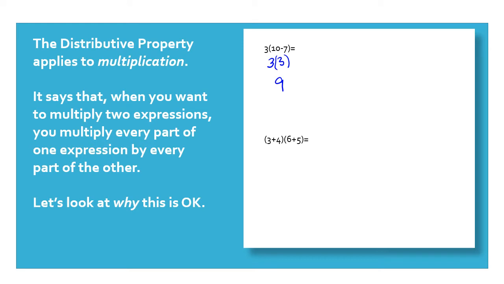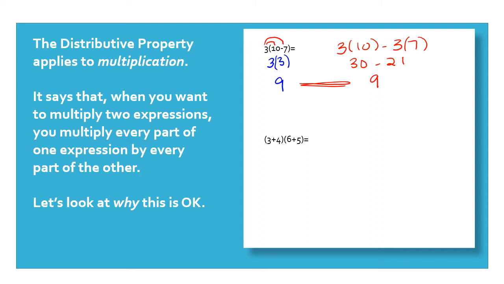Well, the distributive property says that I can take this 3 and multiply it by each one of those terms inside the parentheses before I subtract. So if I do 3 times 10 minus 3 times 7, I get 30 minus 21, and sure enough, 30 minus 21 is 9. So those two things are equal, meaning I can get my answer two different ways. I can follow the order of operations, or I can distribute.